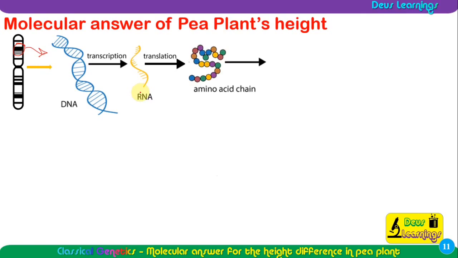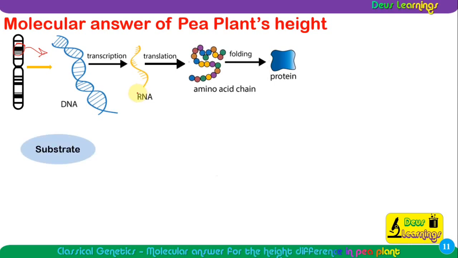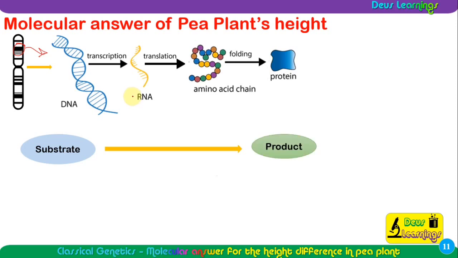These amino acids are folded to become an active protein, which performs some function in metabolism. For example, we have a substrate, and the enzyme catalyzes the reaction and helps us get the product.